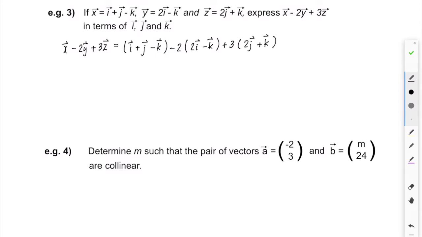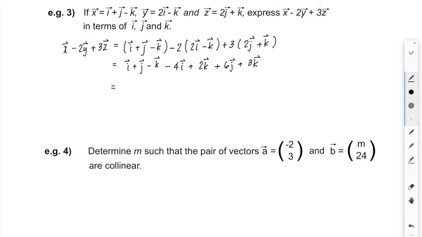So let's work out the scalar multiples first. Here I have negative 4i plus 2k, and then I have 6j plus 3k. Okay. Now we have to add the different components.